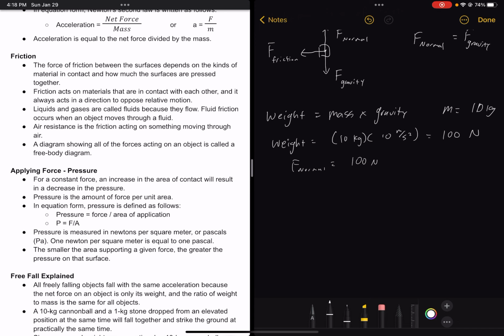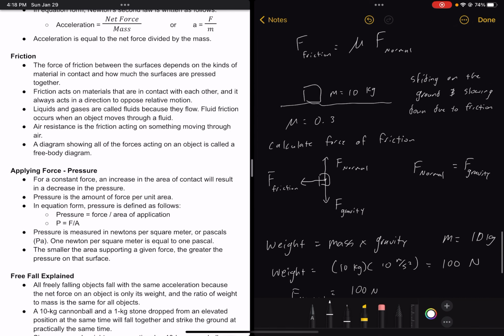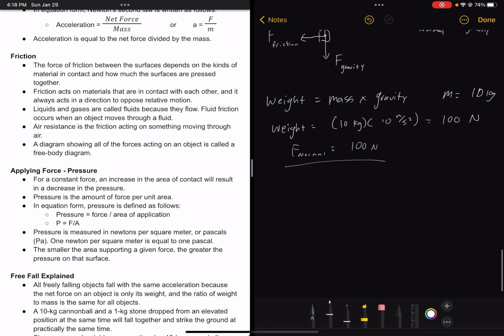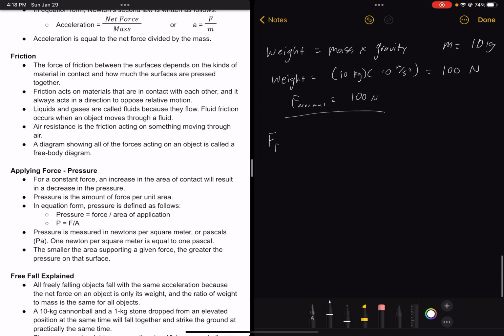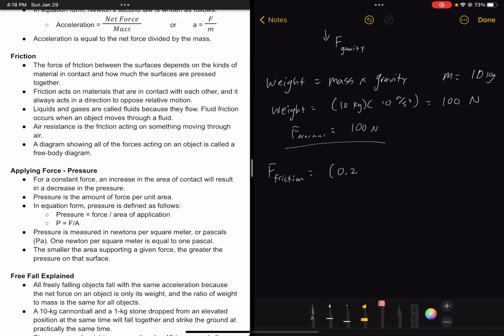So now finally we can calculate friction. We have the normal force, we have the coefficient of friction. Now we can calculate what the force of friction is. In this case, we have a coefficient of friction of 0.2, no, I said 0.3.